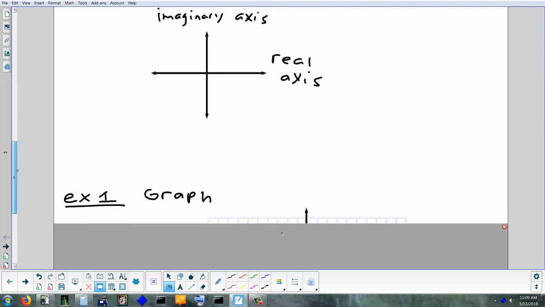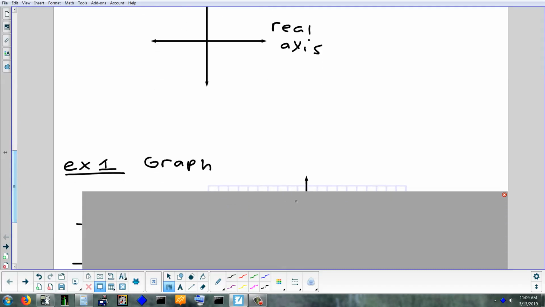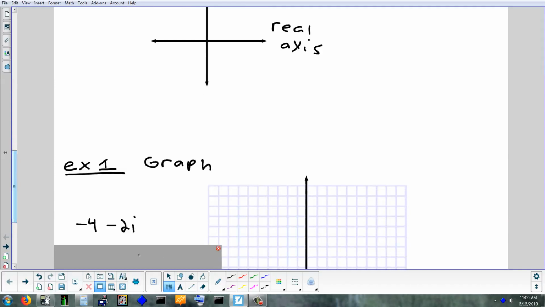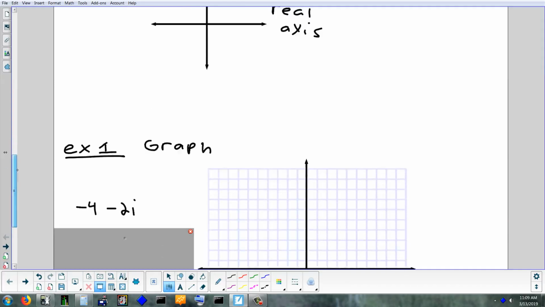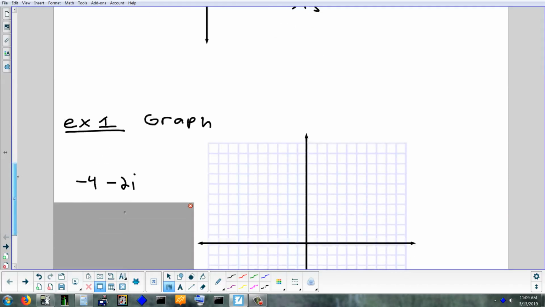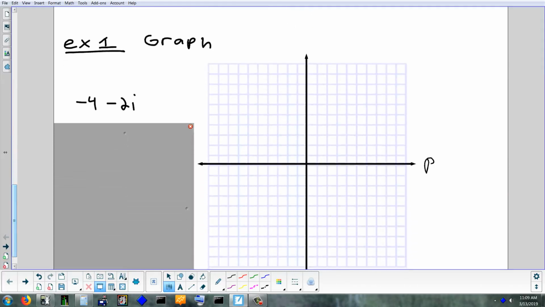So let's just practice a few examples of graphing complex numbers. Alright, first number I want to graph is negative 4 minus 2i. Okay, so remember, this is your real axis.